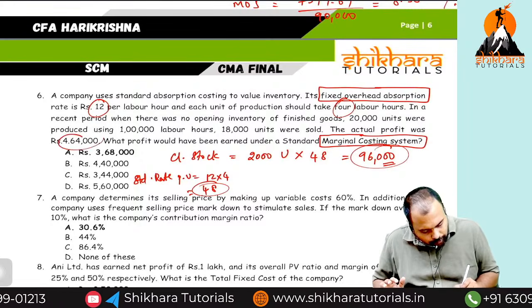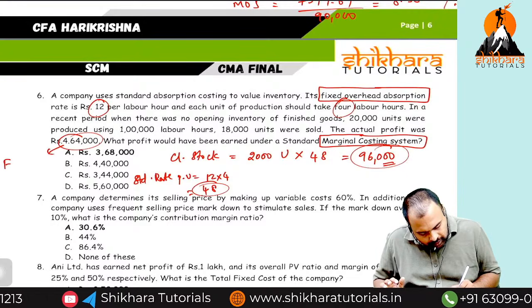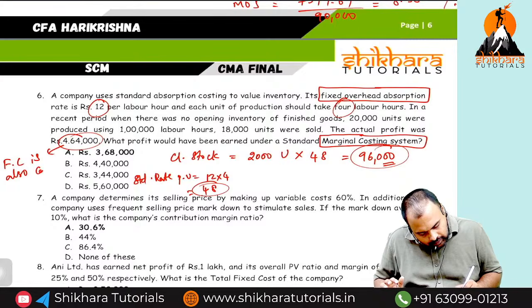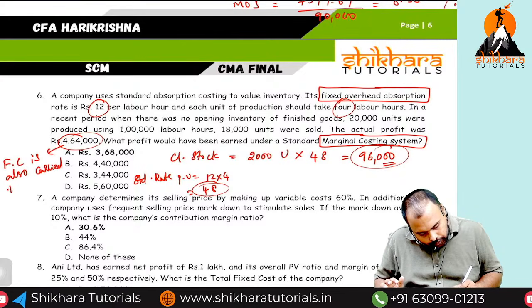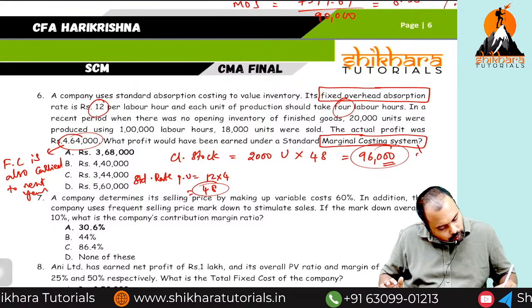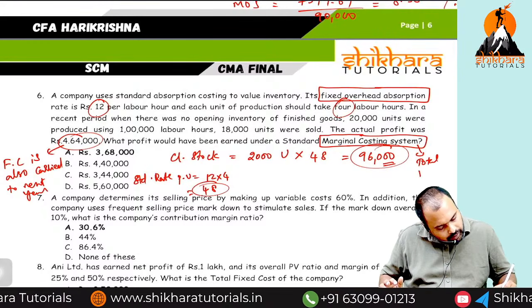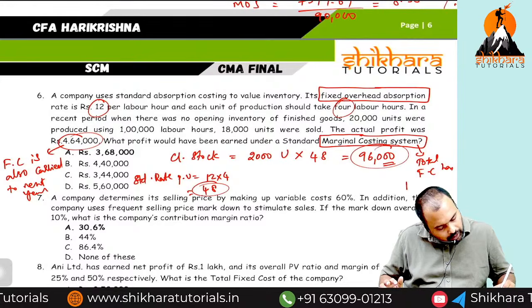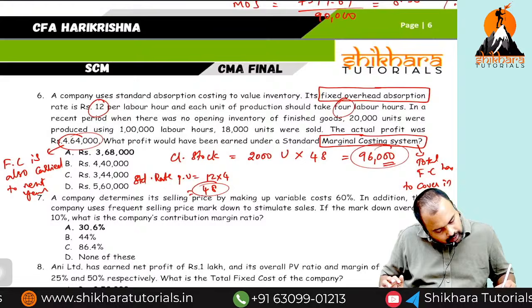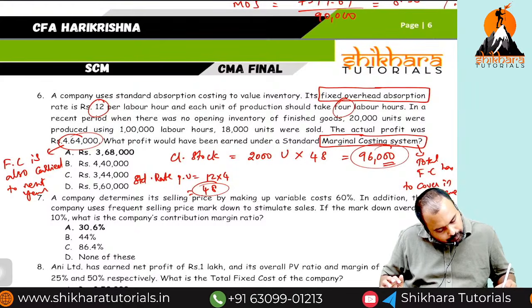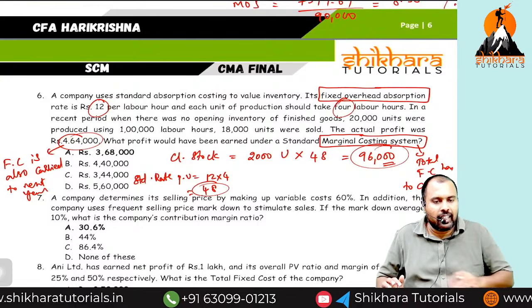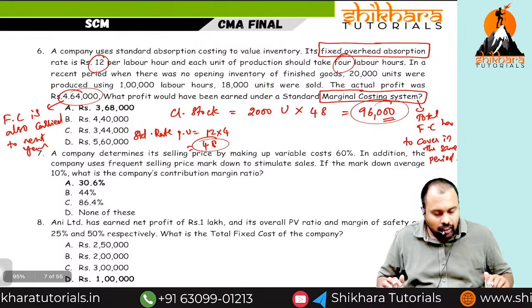Sir, in actual profit, fixed cost is also carried to next year. But in marginal costing, total fixed cost has to be covered in the same period. As we are covering more fixed cost, our profit will be 96,000 lower than the actual.